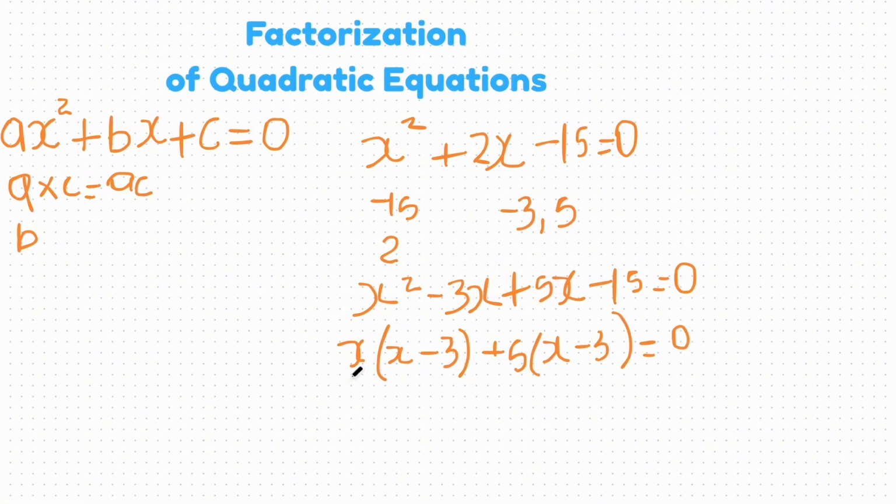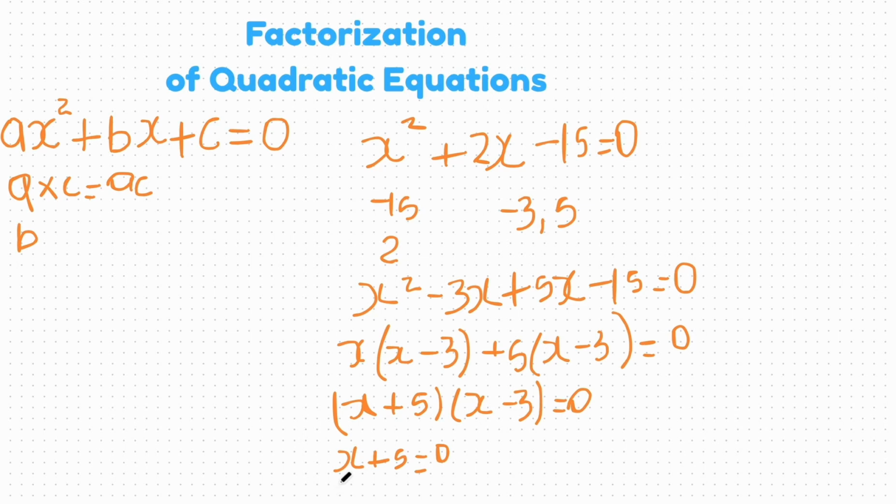This equation right here, x times x minus 3, plus 5 times x minus 3, is the same as x plus 5 times x minus 3, equated to 0. We now say x plus 5 is equal to 0.